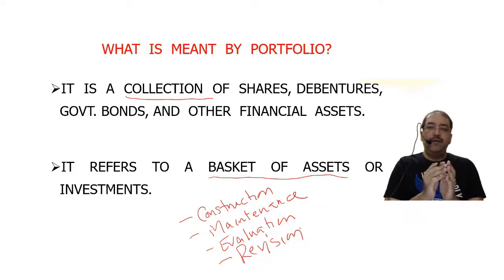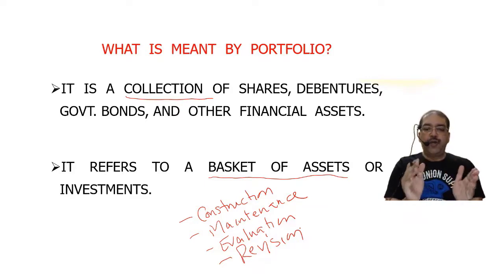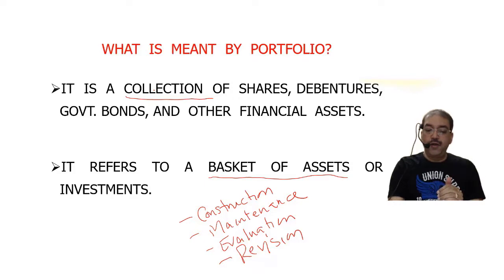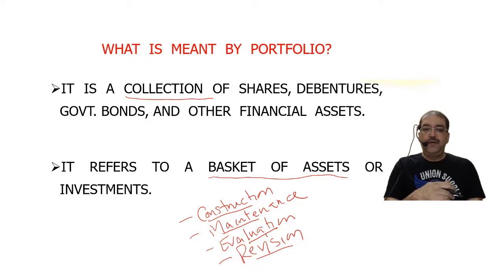So in that way, portfolio management, when I'm talking about, it is nothing but collection of shares, debentures, government bonds, and that is construction. It's maintenance, evaluation, and revision. That together is called as portfolio management.